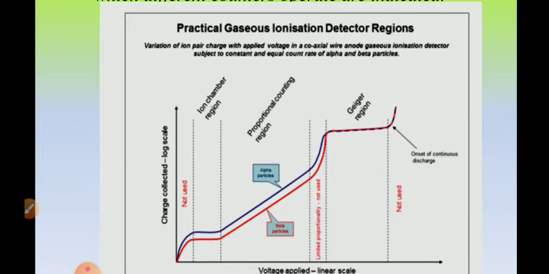We are studying methods based upon gas ionization. Alpha, beta, gamma radiation have different capabilities of ionization. First we are going to discuss ionization chambers, then proportional chambers, then the Geiger counter.